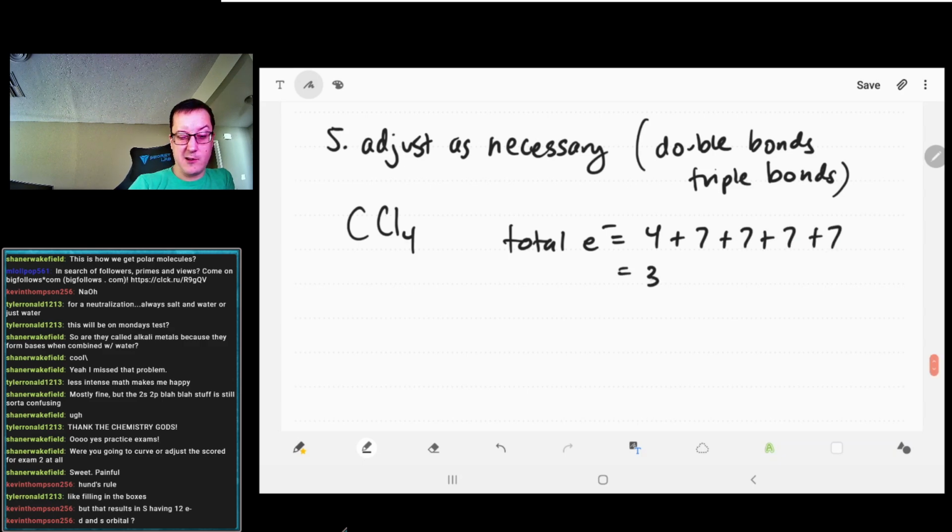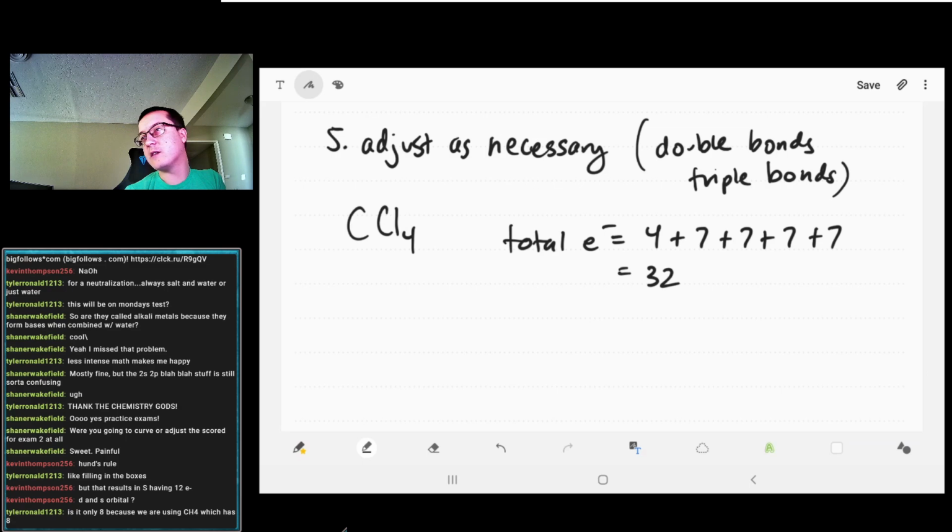Which is 32. Yeah, I know. That's why it's boring. Who cares about methane? I don't like that problem. Let's do another one. And so that's exactly why it's 8. So we have 32 electrons to mess with this time.